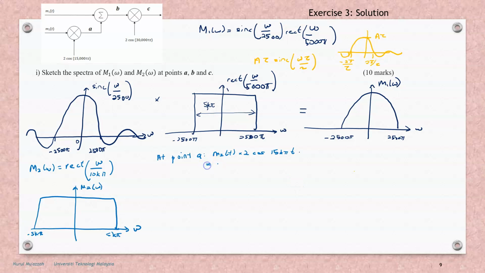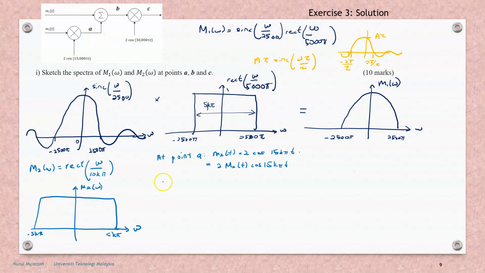So this is equal to 2 M2(t) cos 15k pi t. Let me use the term MA omega to show the new spectrum after the modulation process.